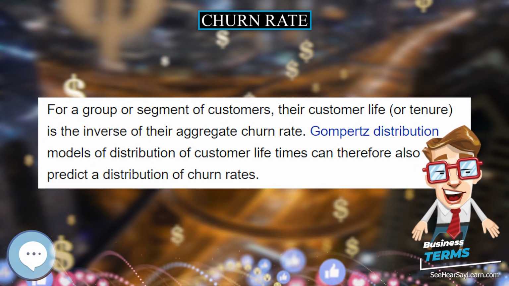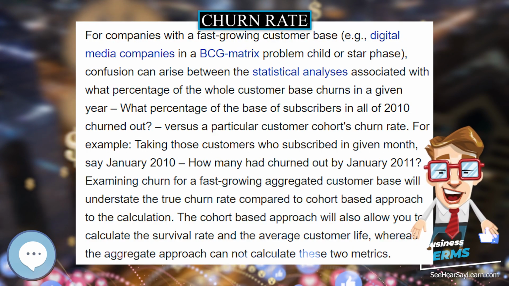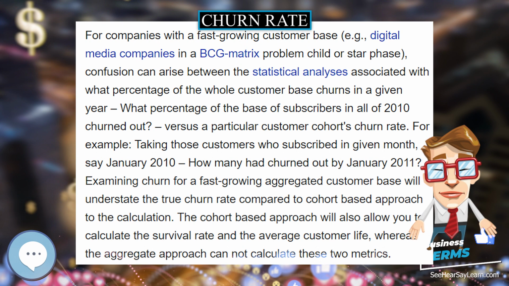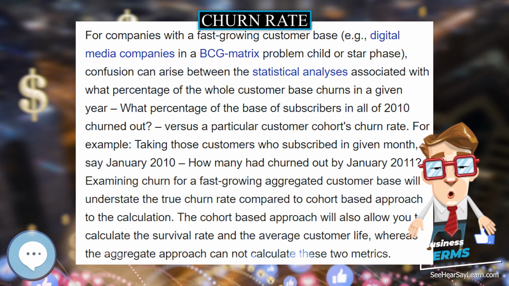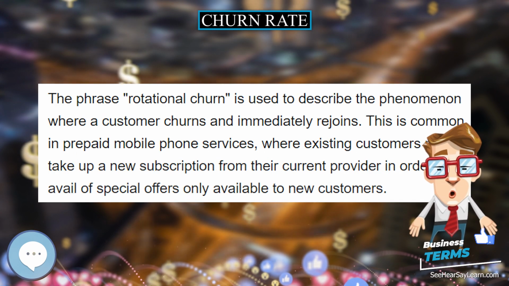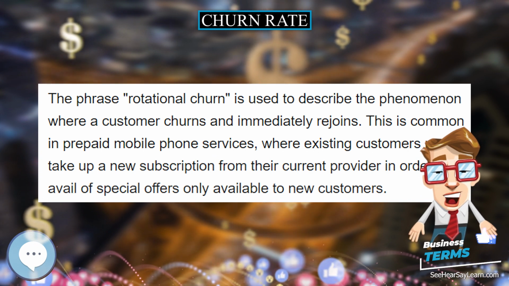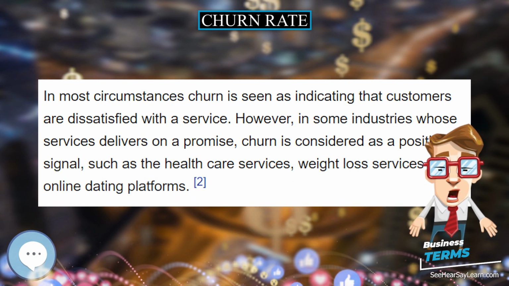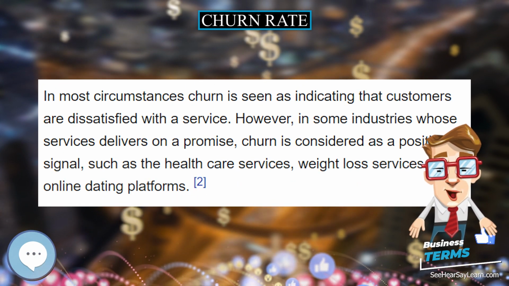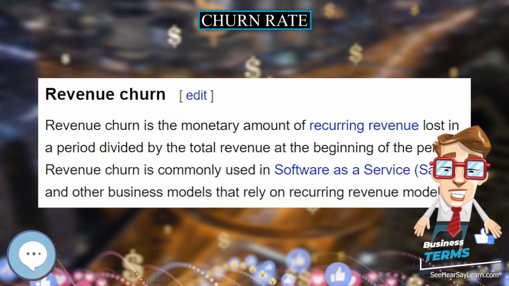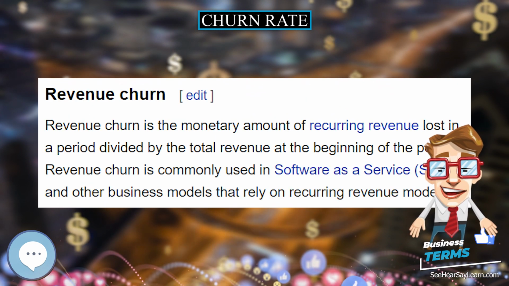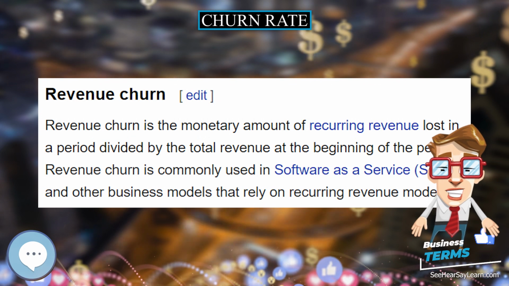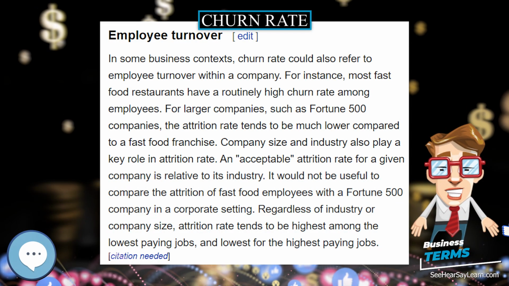For companies with a fast-growing customer base, for example, digital media companies in a BCG matrix problem child or star phase, confusion can arise between the statistical analyses associated with what percentage of the whole customer base churns in a given year, for example what percentage of the base of subscribers in all of 2010 churned out, versus a particular customer cohort's churn rate.